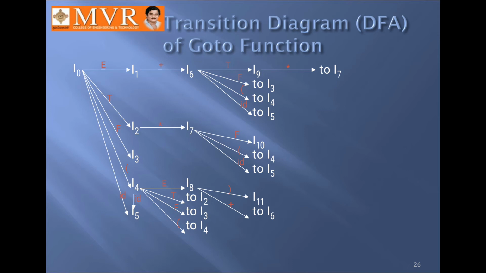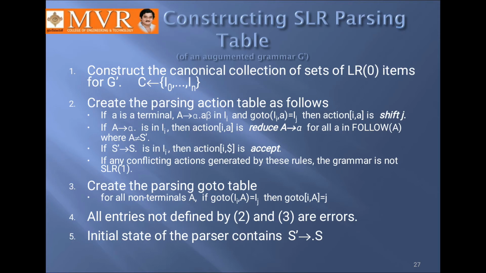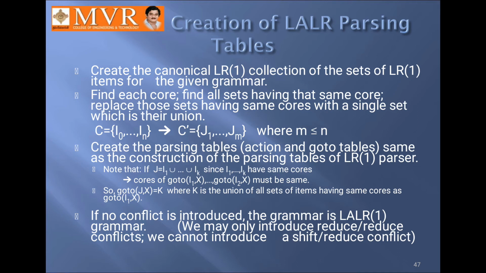In action, this function takes as arguments a state i and a terminal a. The value of action[i, a] can have one of four forms: shift j, where j is a state; reduce by a grammar production A → β; accept; and error. The goto function takes a state and grammar symbol as arguments and produces a state.